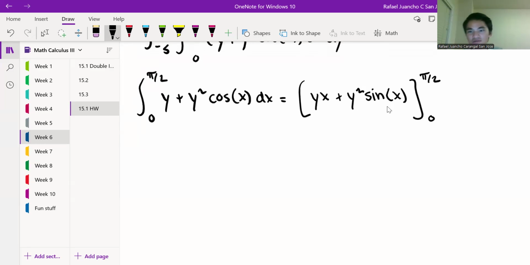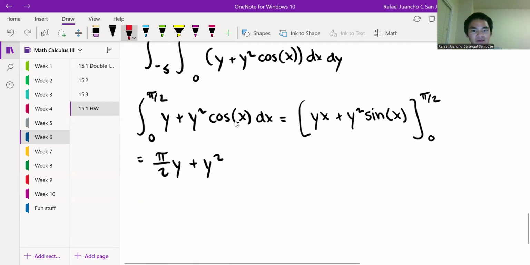So if we make it 0, sine of 0 is 0. So if we make everything 0, that's just nothing. So here this is pi over 2 y plus y squared sine of pi over 2, which is 1, right?